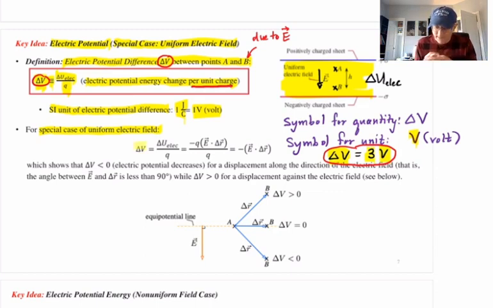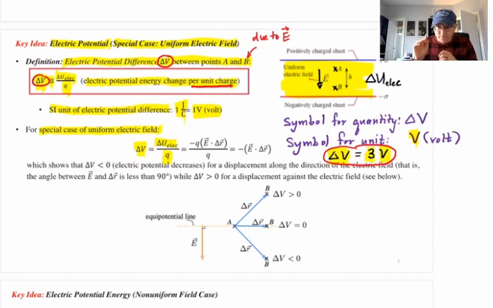Here's the formula. Delta V is obtained by taking the formula for delta U electric between 2 points A and B when a charged particle Q moves from A to B, and dividing by Q.